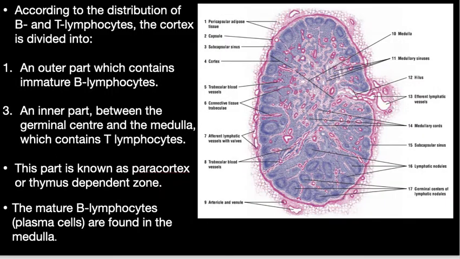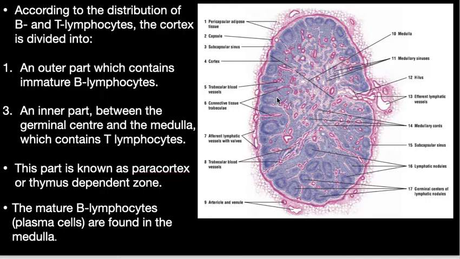Now, according to the distribution of the B and the T lymphocytes, the cortex is divided into an outer part which contains the immature B lymphocytes, inner part between the germinal center and the medulla called the paracortex containing the T lymphocytes here.